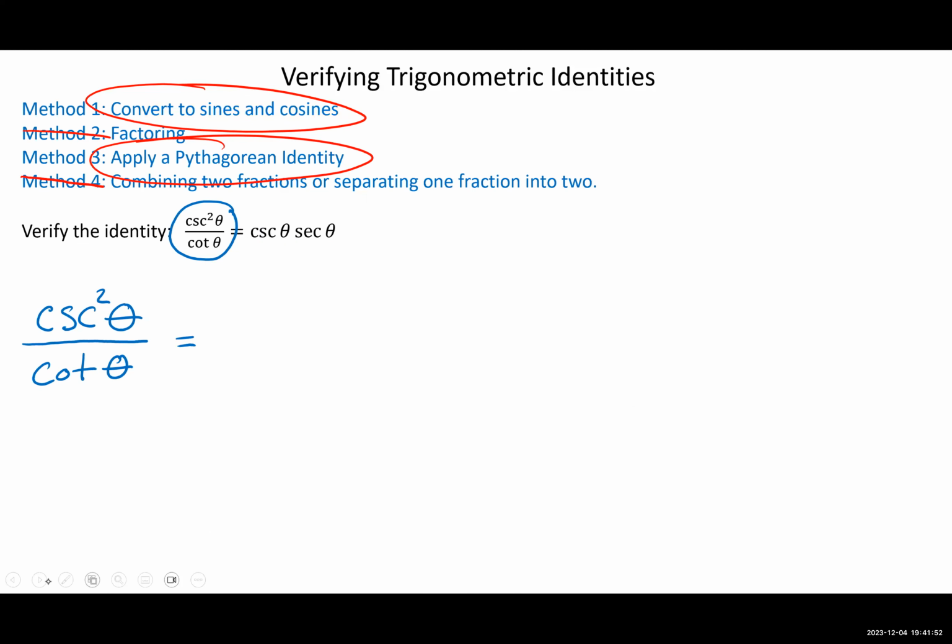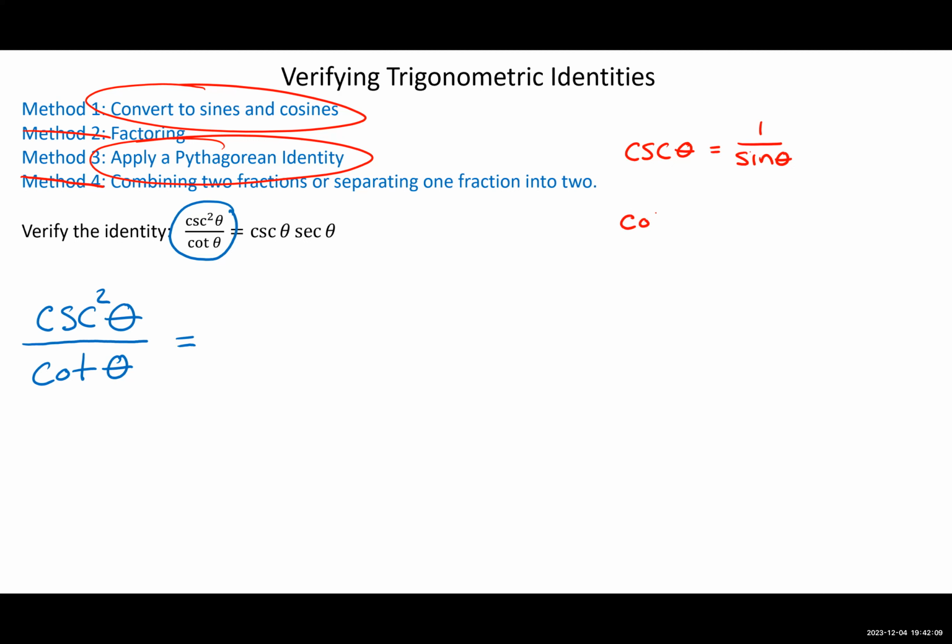Okay, so cosecant. According to the reciprocal identity, the cosecant of theta is equal to 1 over the sine of theta.